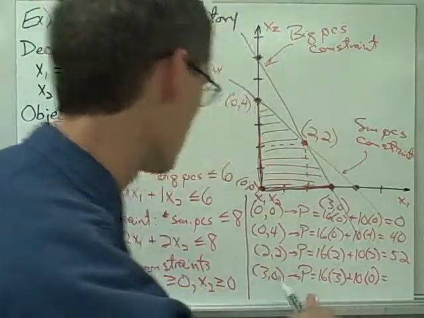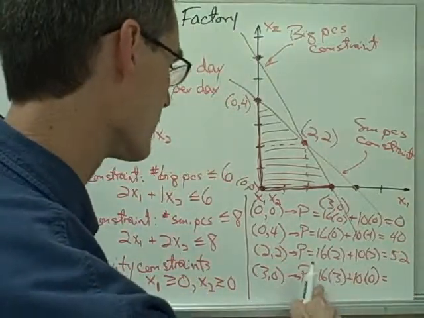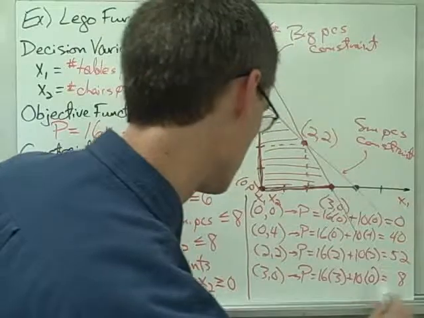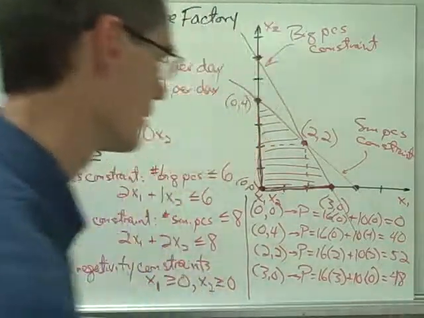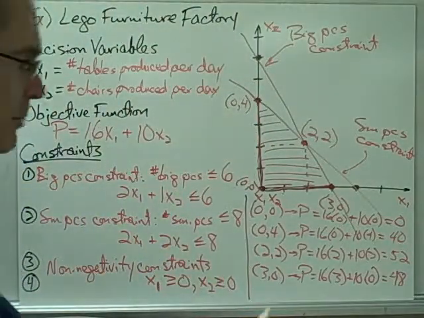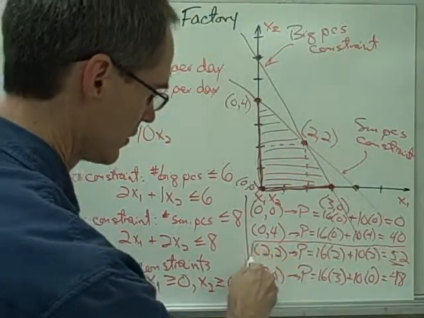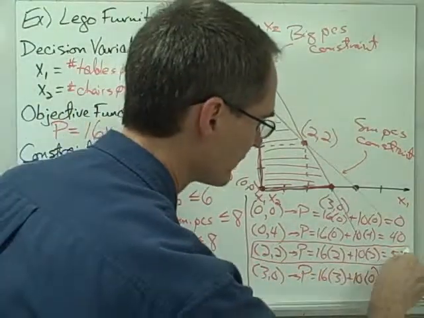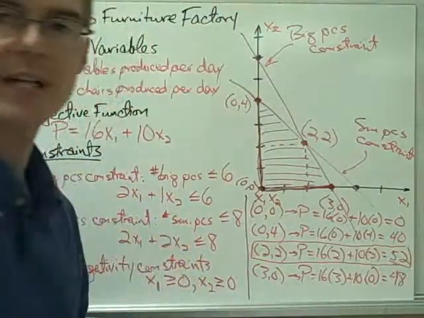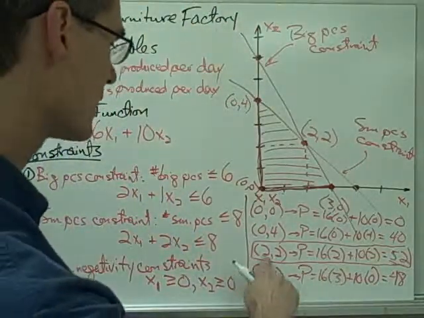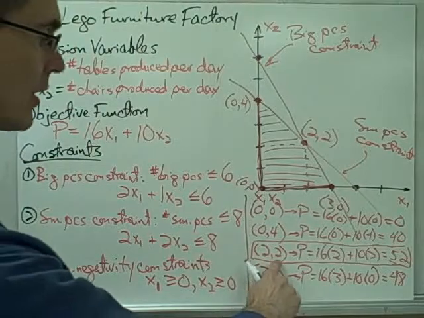So that's if I make 3 tables and no chairs. So 3 times 16 is 48. And I can see that my maximum profit is going to occur right here. In other words, my maximum profit of $52 per day occurs when I make 2 tables and 2 chairs.